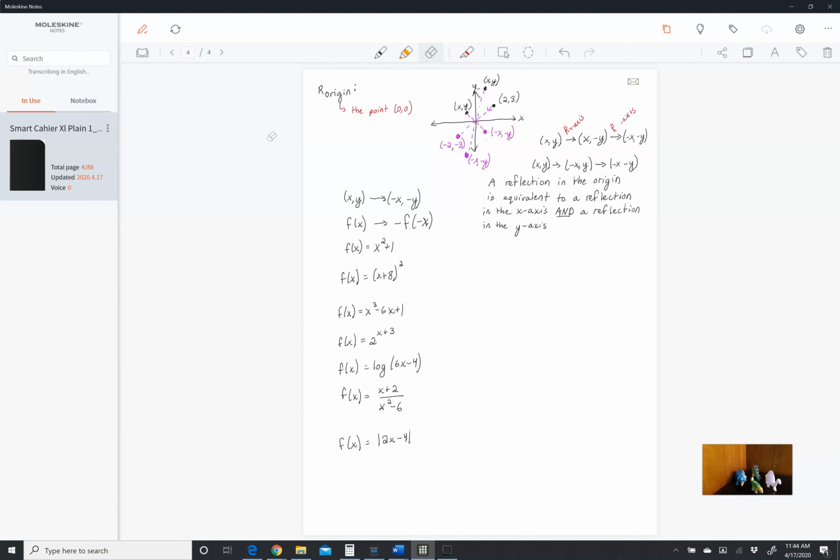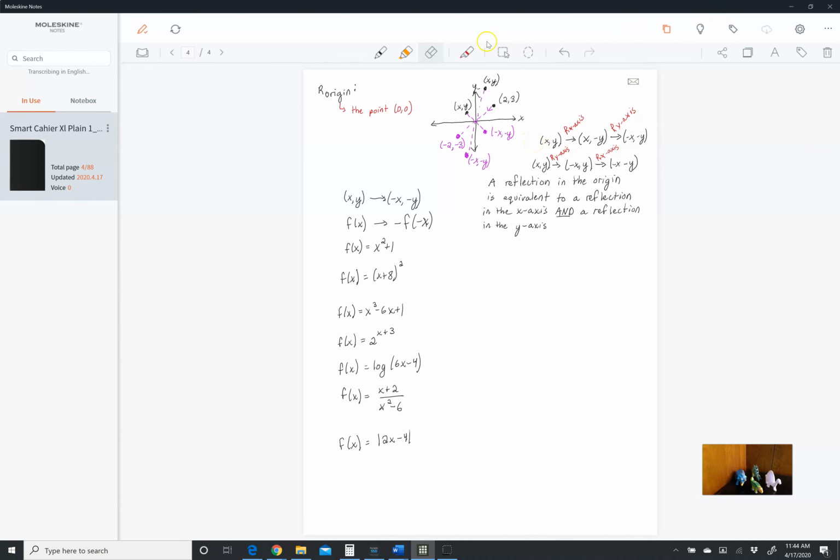And that will give us a reflection in the origin. Or we could do this one as a reflection in the y-axis first, and then reflect in the x-axis. In both cases, we wind up with a reflection in the origin. That's what we mean by the order doesn't matter.